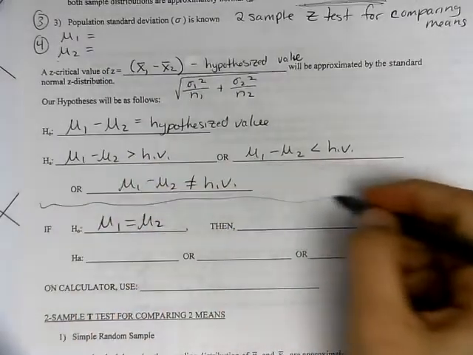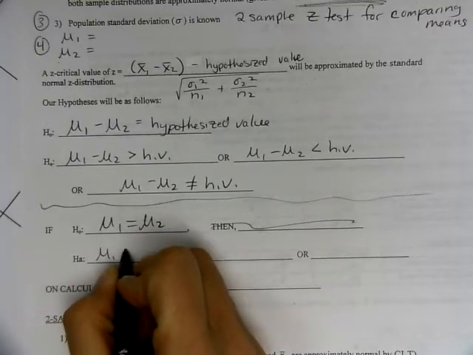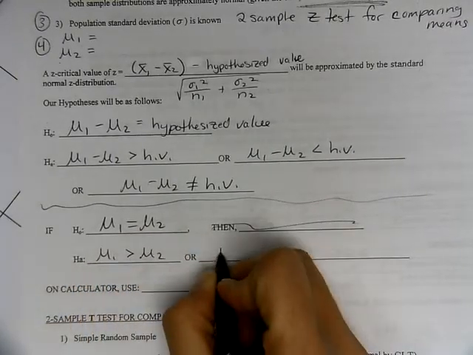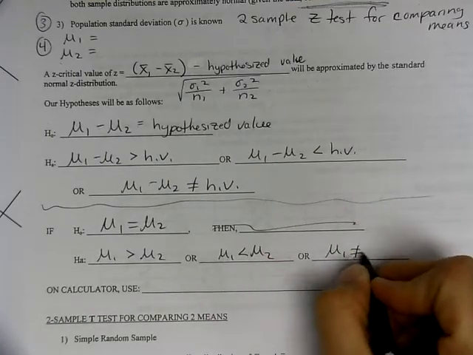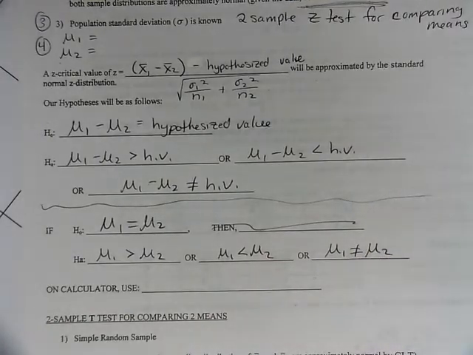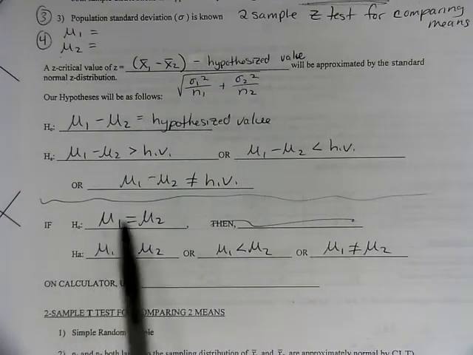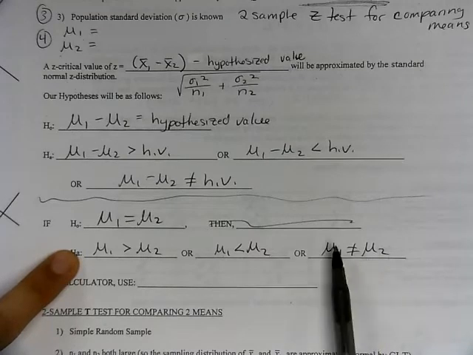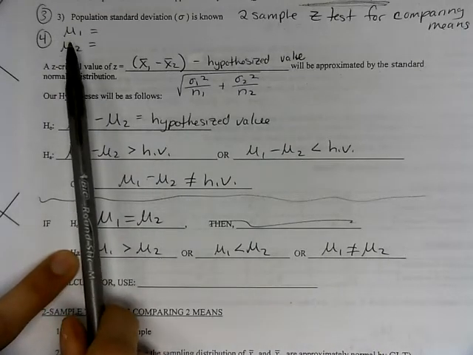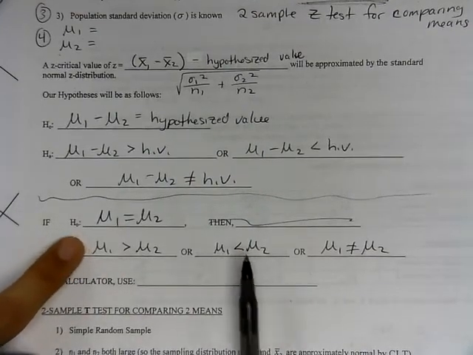Or, mu1 is greater than mu2, mu1 is less than mu2, or mu1 is not equal to mu2. So this is why, if you do it this way, I got to know which one's 1 and which one's 2. That's why condition 4 is so important, because otherwise these two could be flipped around.